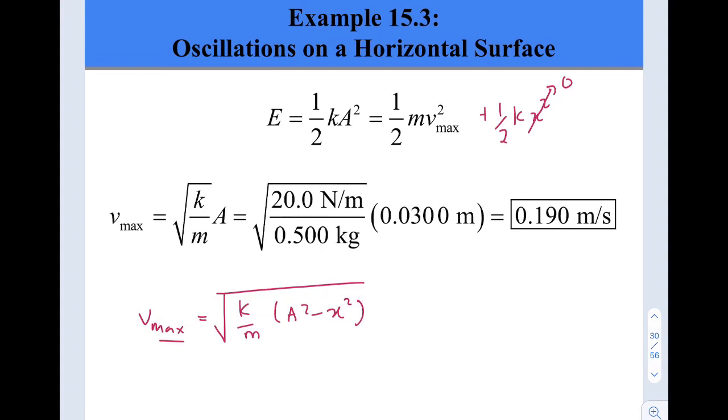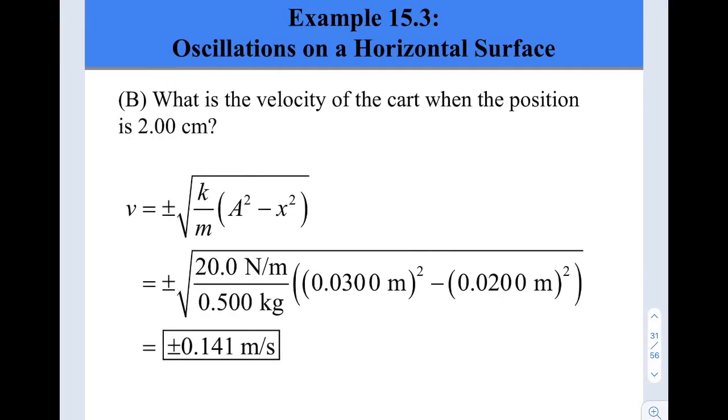But you need to know v is only maximum whenever x is 0. Then back to square one, you will get this equation again. So if you substitute the rest of the values, you will get this answer.